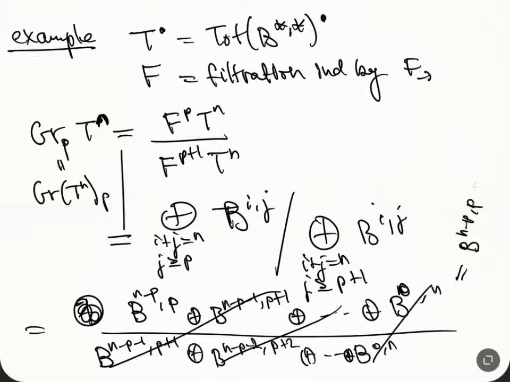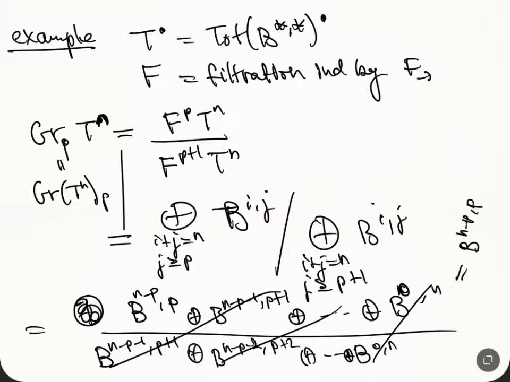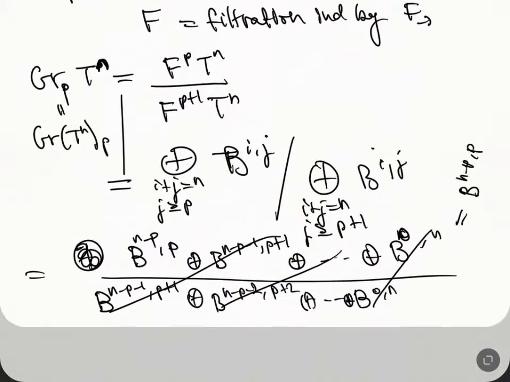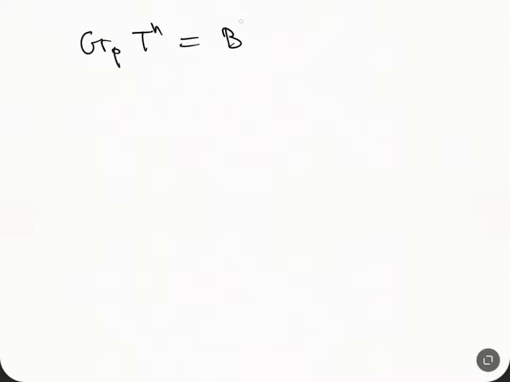So in conclusion, for this one, the pth graded piece of the total filtration of n, well, this was just n minus p, b n minus p. Okay, so that's cool. It'll turn out that in our spectral sequence, okay, so that's all I wanted to say about this.